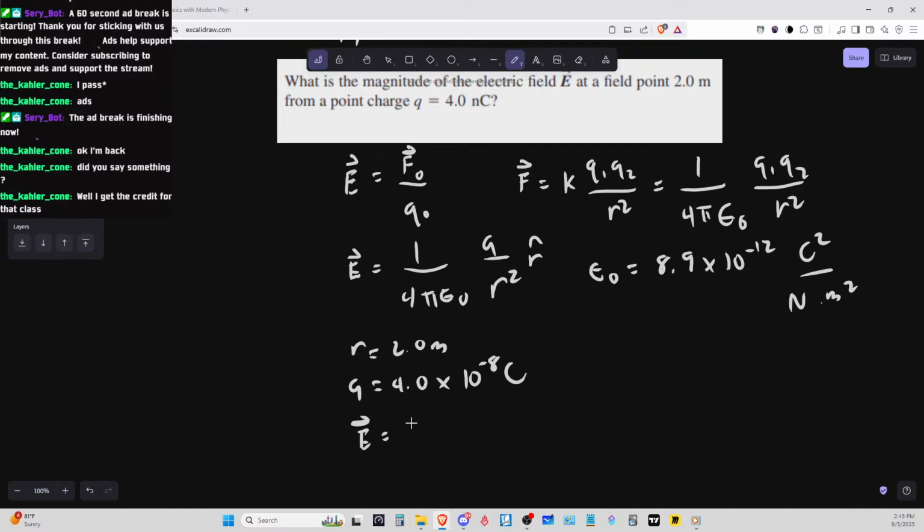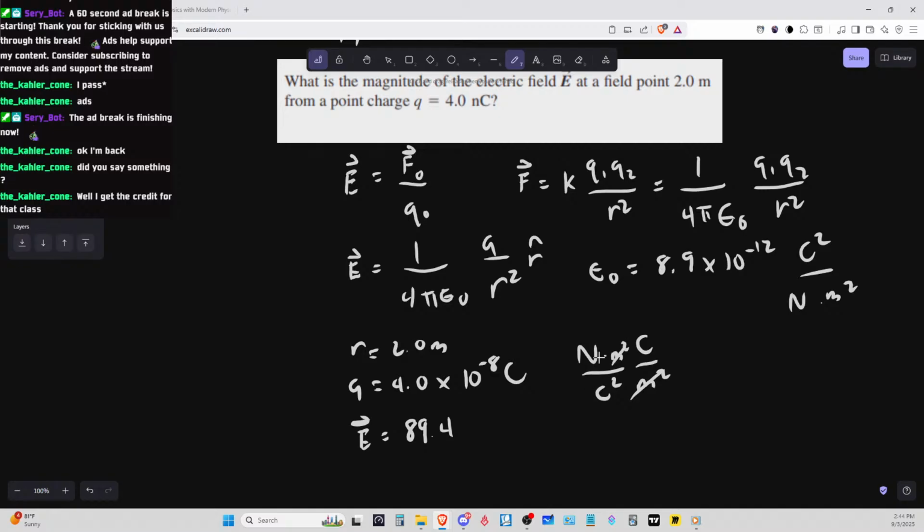So we got an electric field of 89.40. If we do the units, we have coulombs and meters squared, and on this side, if it's on the bottom, then it's going to flip over, so it's going to be meters squared over coulombs squared.